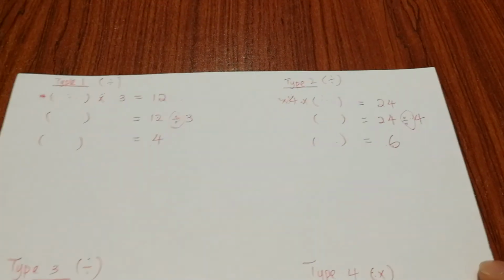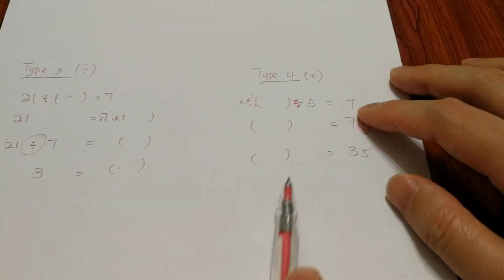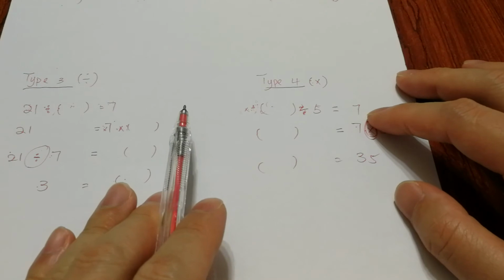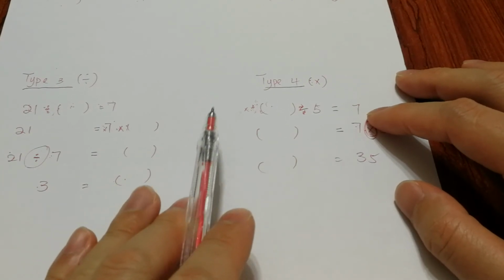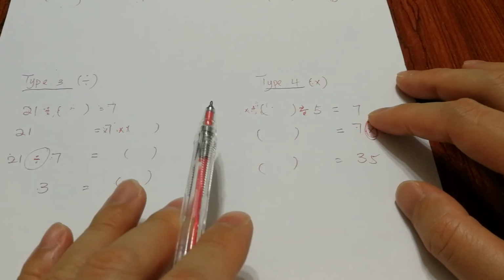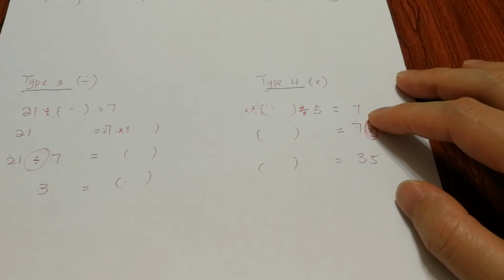So I hope you remember. So only bracket divide is times, the rest is divide. Just like your bracket minus is plus, the rest is minus.